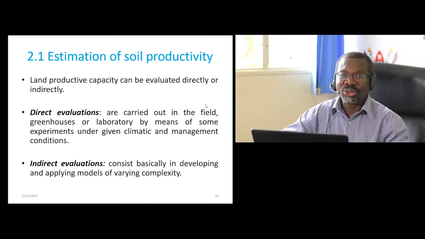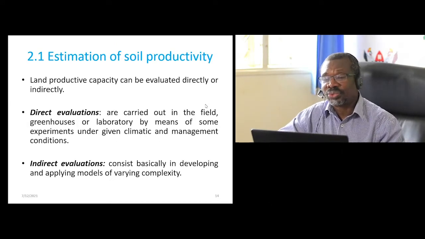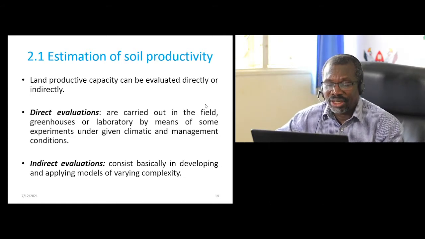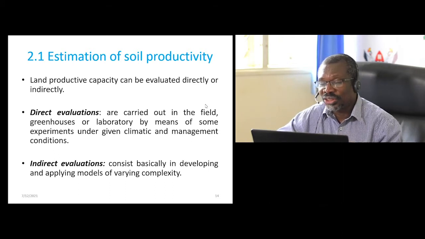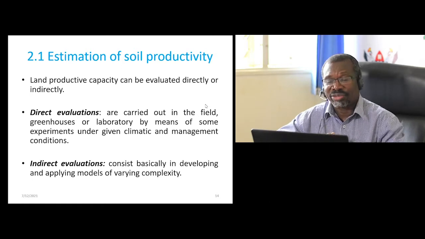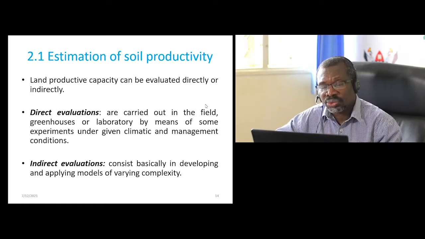So, how do we estimate soil productivity? There are different methods. There are direct methods, but we also have indirect methods.